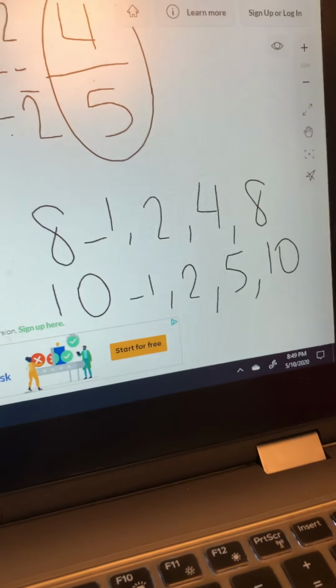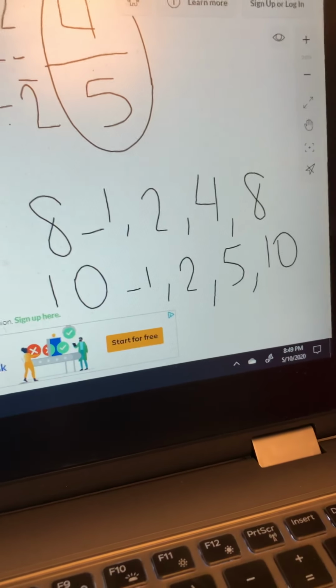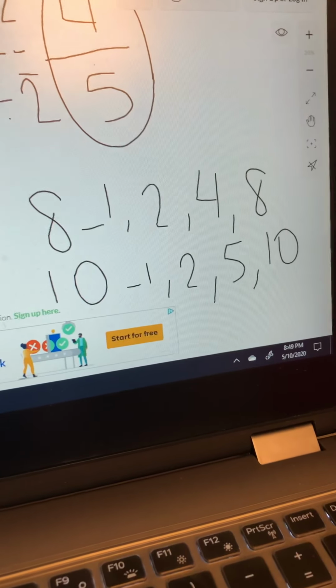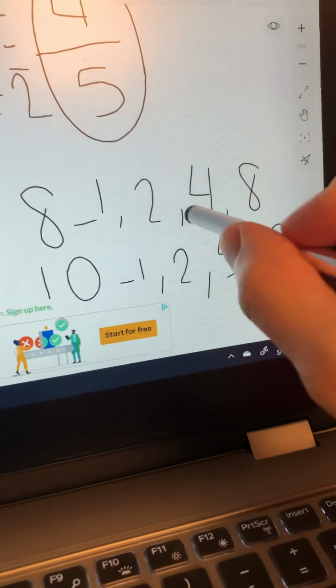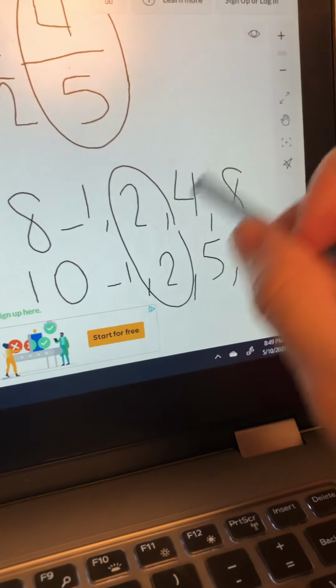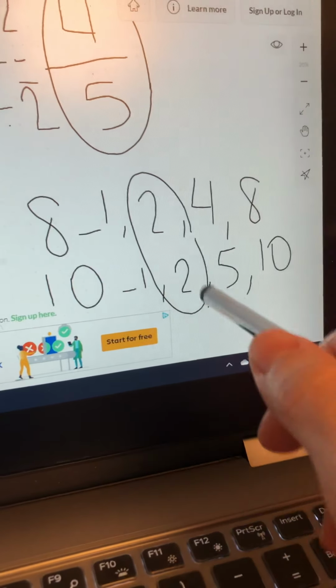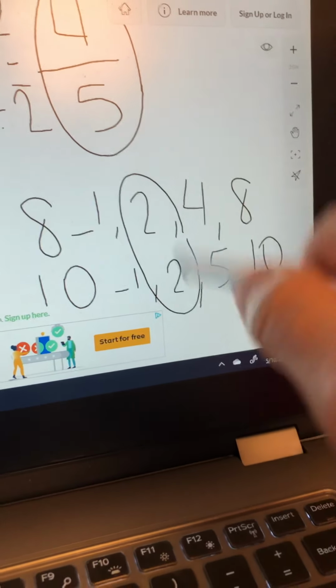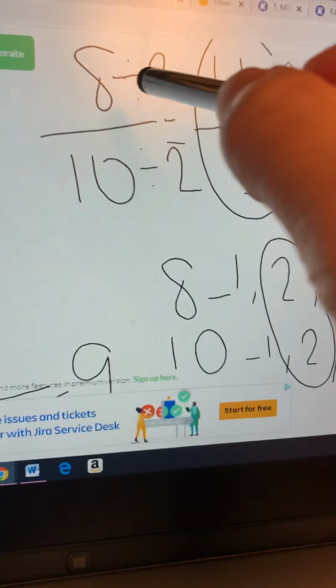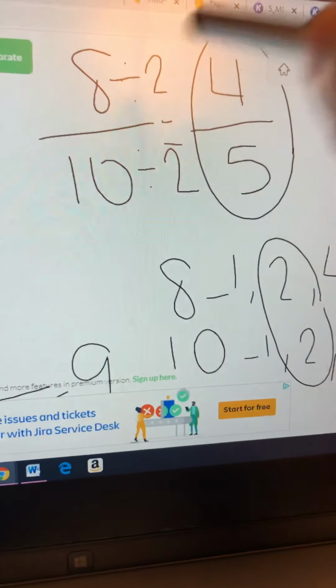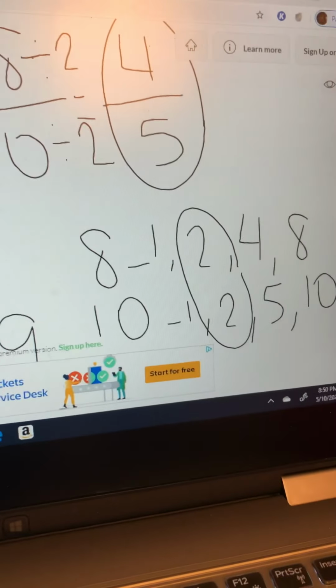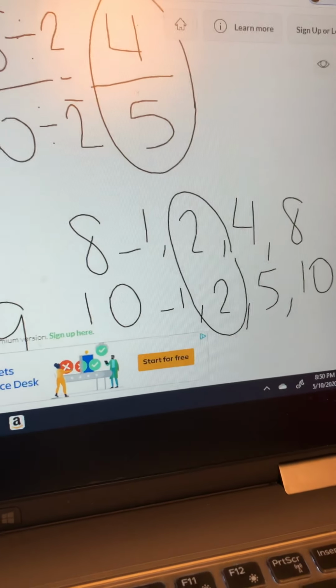Then I look at them and say, other than 1, what is the greatest common factor? In this case, they only share 2, because there are no other common factors. With the greatest common factor identified, you use that number to divide both numerator and denominator to find your simplified fraction. And that's pretty much it.